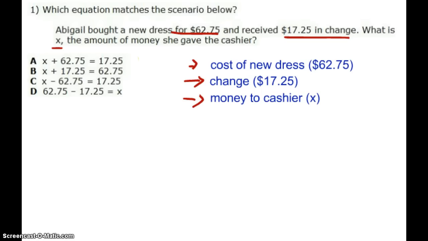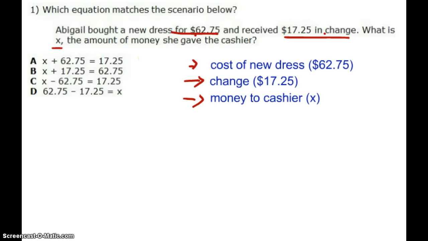The first thing that you want to think about in this problem is actions. She buys a new dress and gets some change. So when you get change, what action is that? That's removing money, and then the operation would be subtracting. So more than likely we're looking for something with subtraction, but we need to check each answer choice.